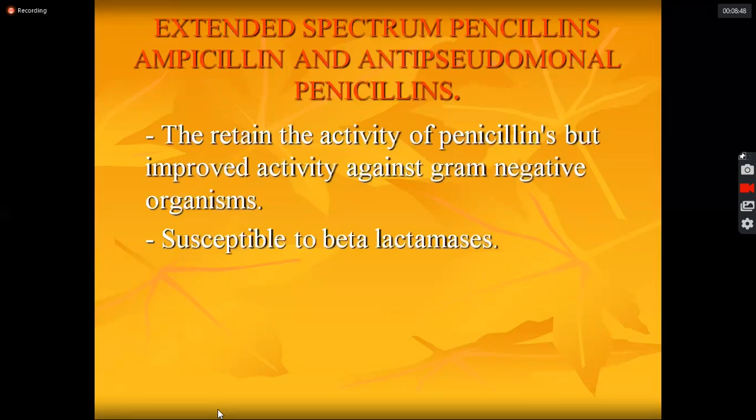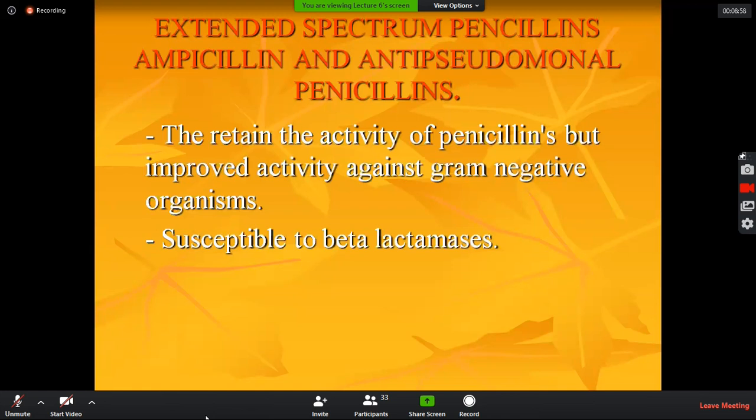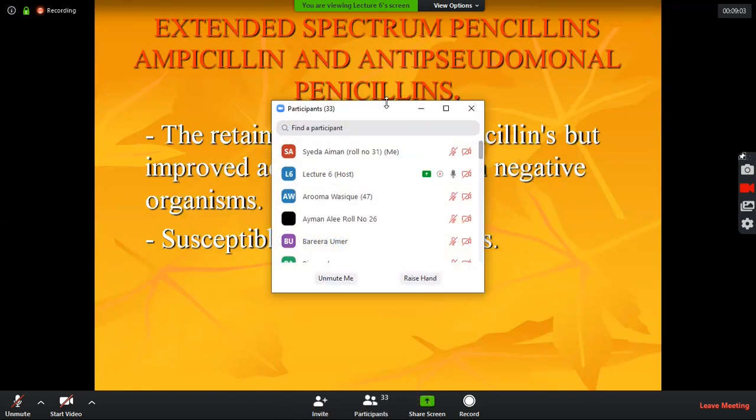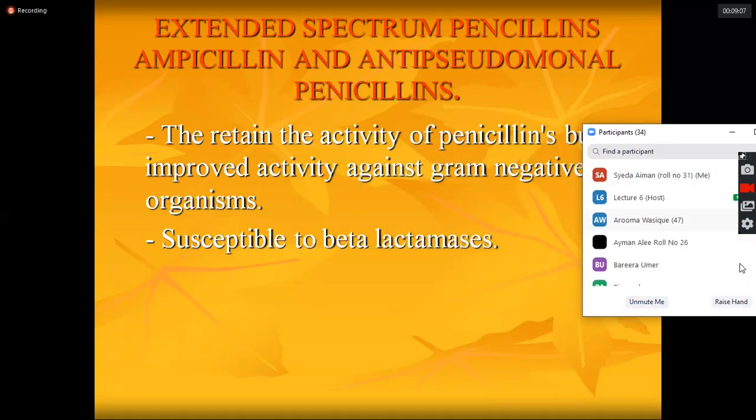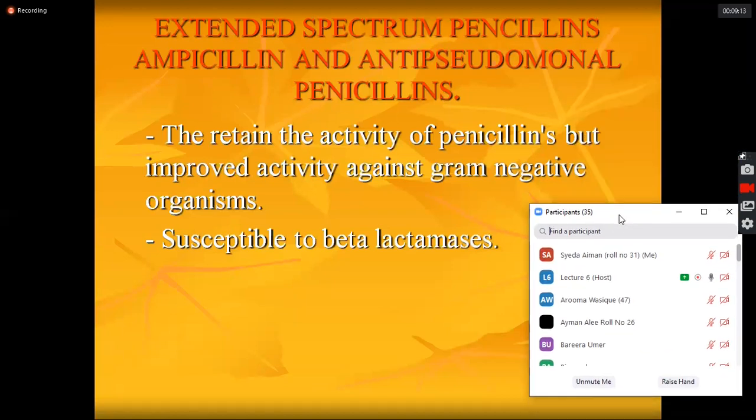So the effect of these agents is that they retain the activity of penicillins but improve activity against gram-negative organisms. Gram-negative organisms have a problem because they have a double cell wall, so they cannot be penetrated by all. But these agents, although they are active against gram-negative, can still be hydrolyzed by the beta-lactamase producing staphylococcus or streptococcus.